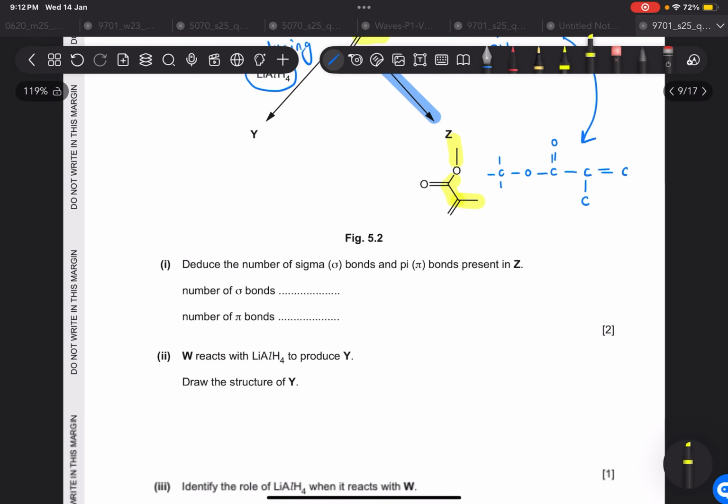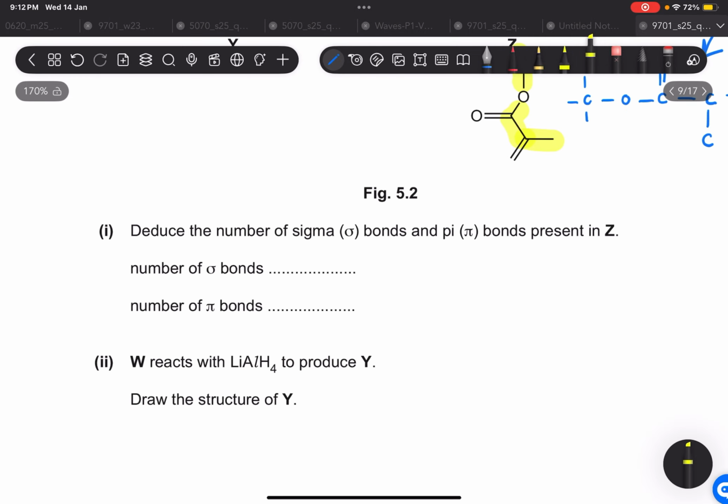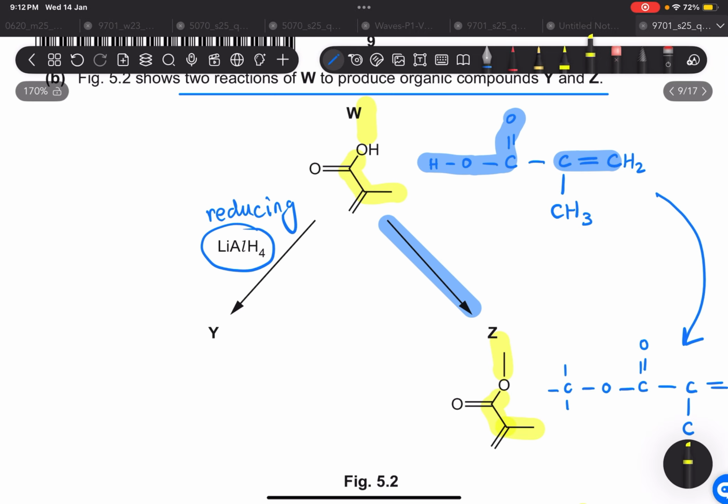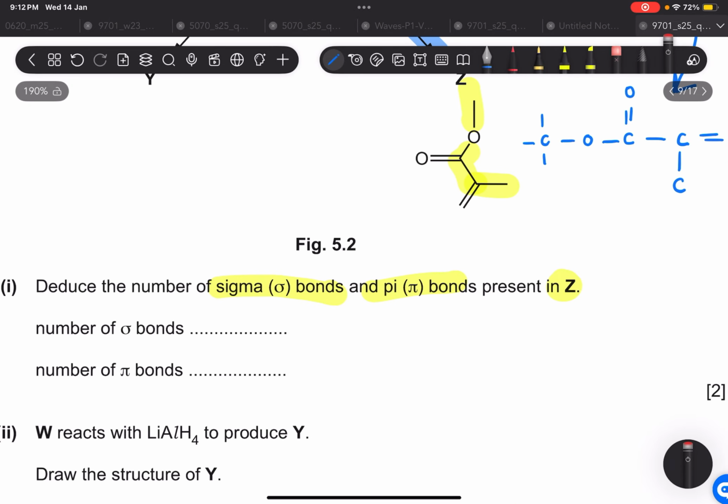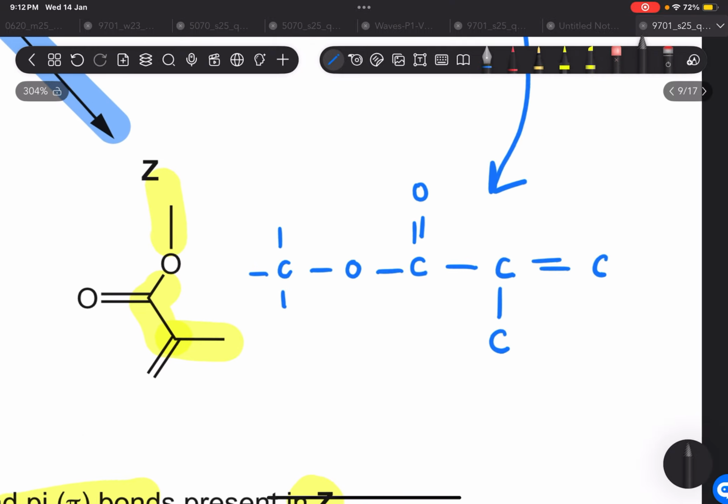Okay, state the number of sigma bonds and pi bonds present in Z. For pi bonds, I would say this is one pi bond and this is the second pi bond. So there are two pi bonds. So for pi bonds, I'm going to say 2. And for sigma bonds, I would have to count.